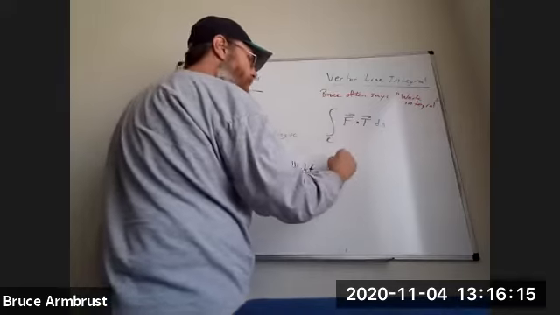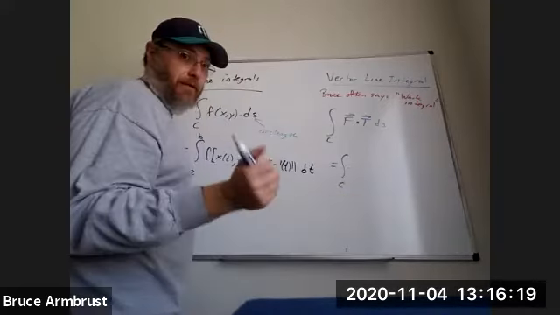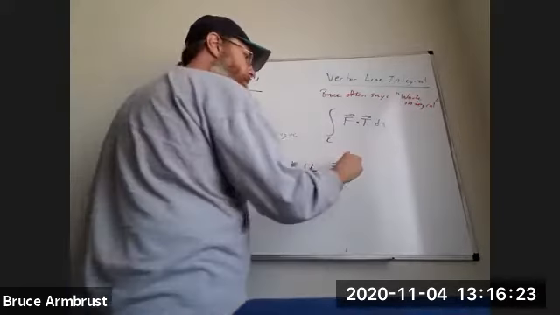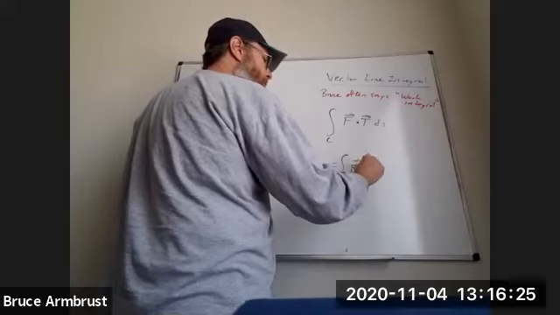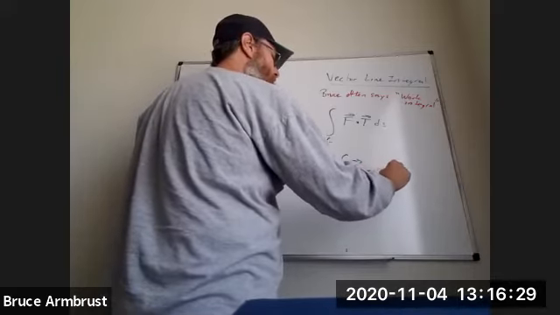But we saw that the more practical form, and this is the one that Victor just put up here, is F dotted with r prime.